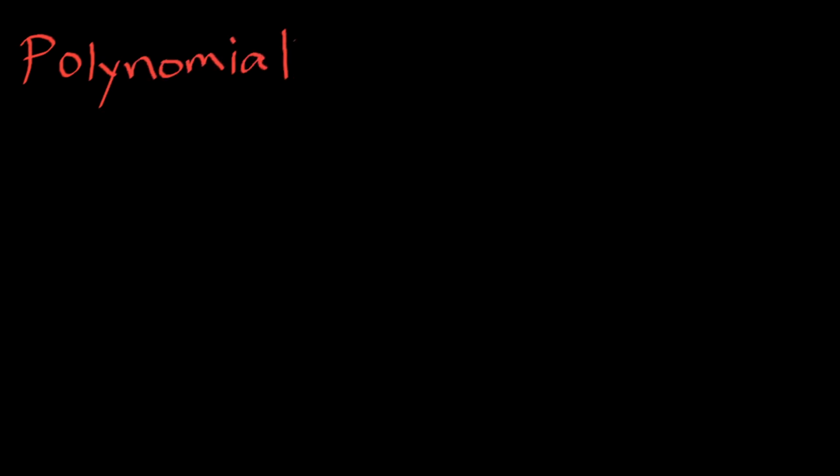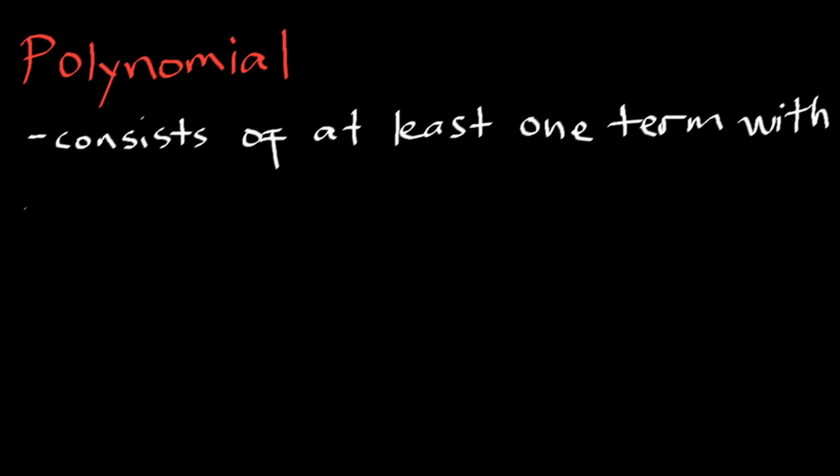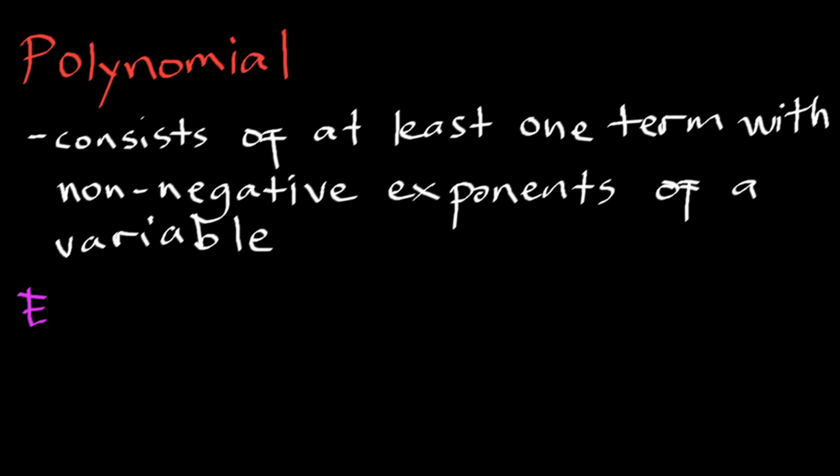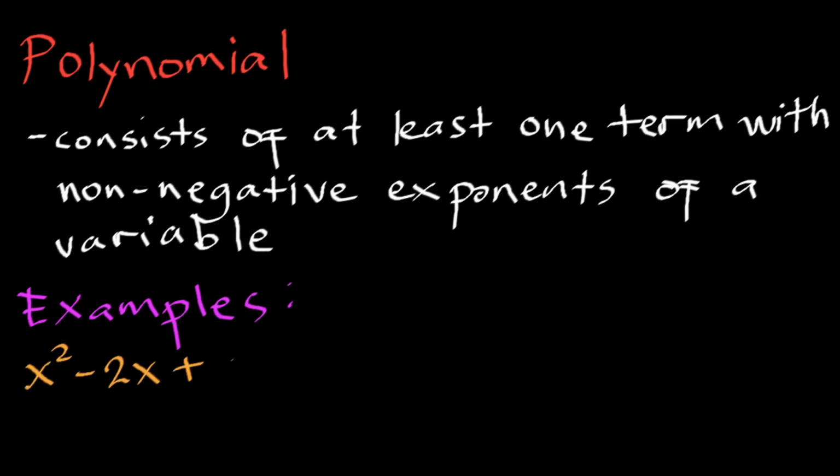Ang polynomial naman ay merong one term with non-negative exponents of a variable. So in layman's term, meron siyang at least one term na ang variable ay hindi negative yung exponent. So for example, we have x squared minus 2x plus 4, which is a trinomial.